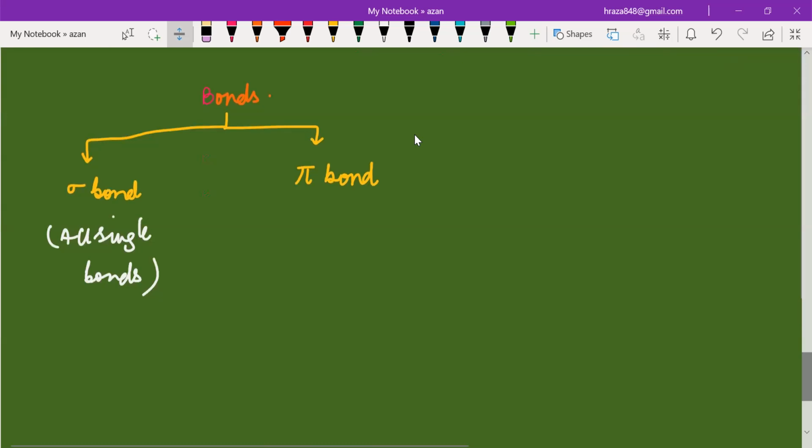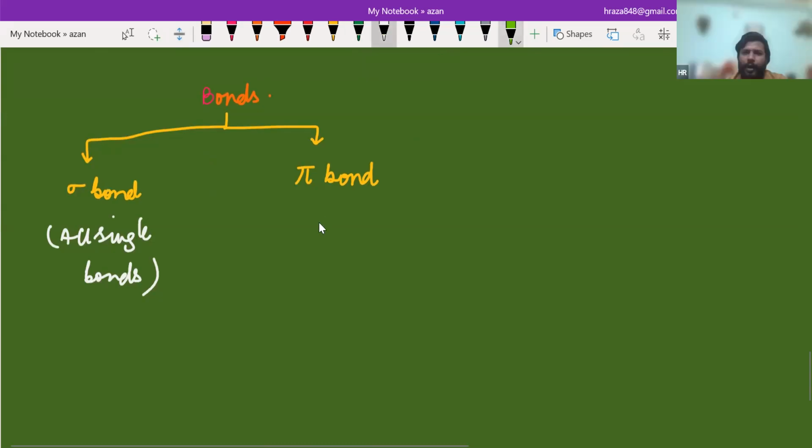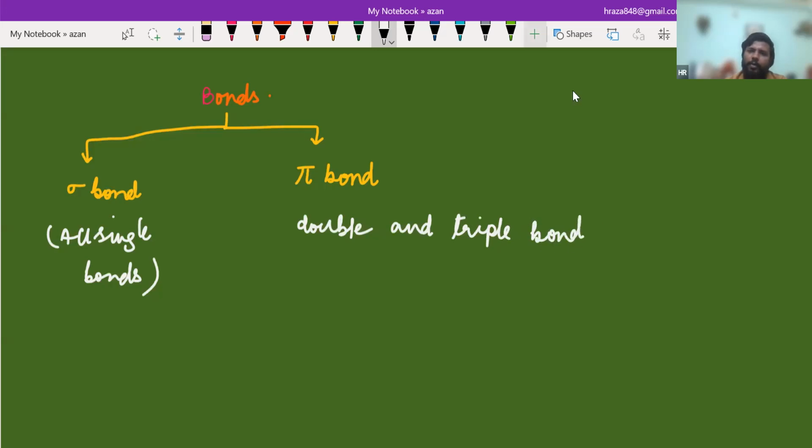So I'm going to write here: pi bond exists in double and triple bonds. In a double bond, you will have one sigma and one pi. In a triple bond, one sigma and two pi. Is that clear?